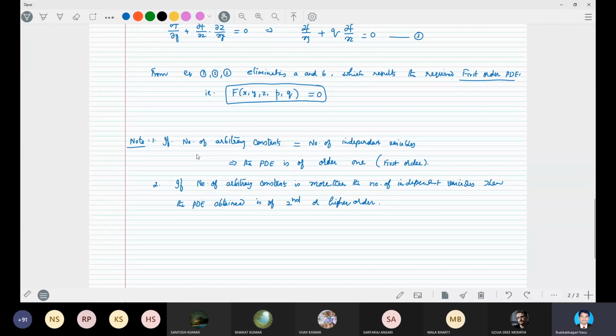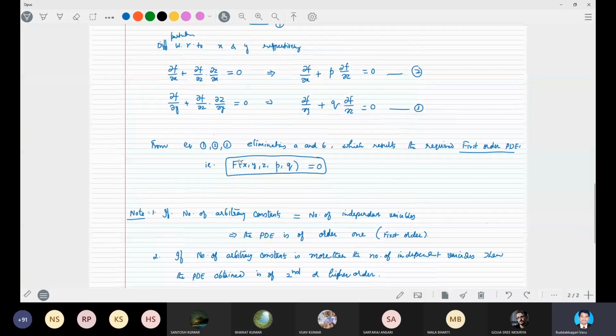If the number of arbitrary constants is equal to the number of independent variables, I am not saying a particular number, it may be 3, 4, 5, or 10, that many independent variables appear in the given equation. Equal number. Are you getting?